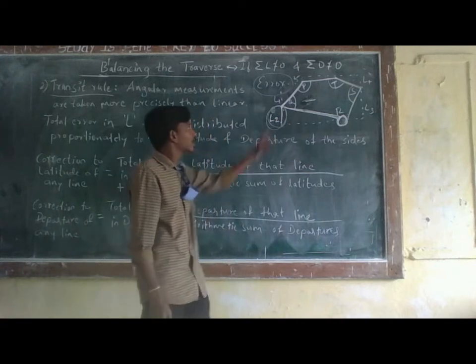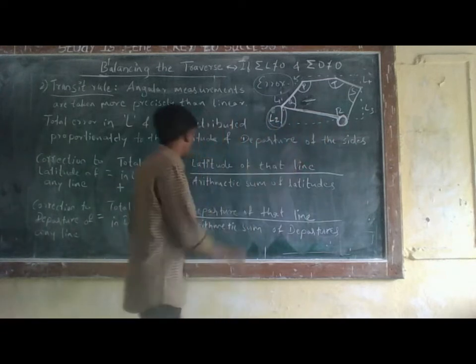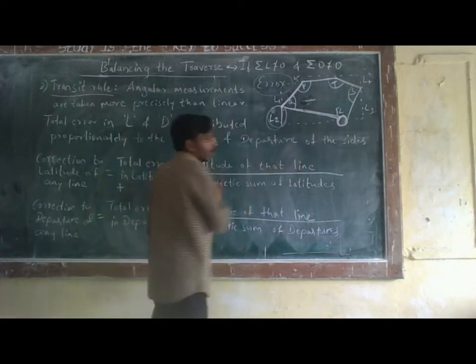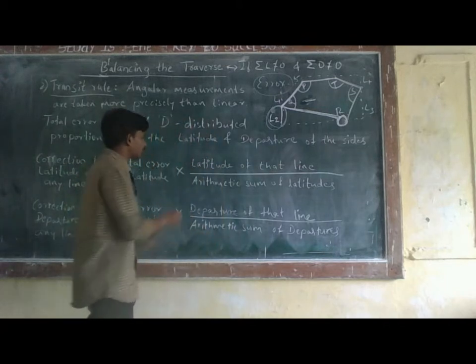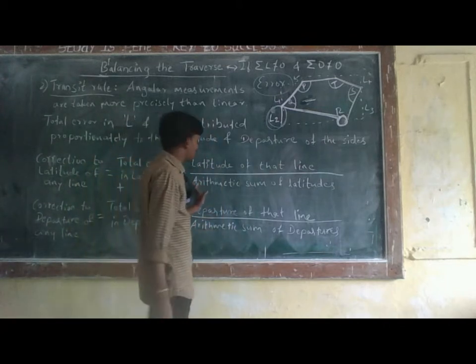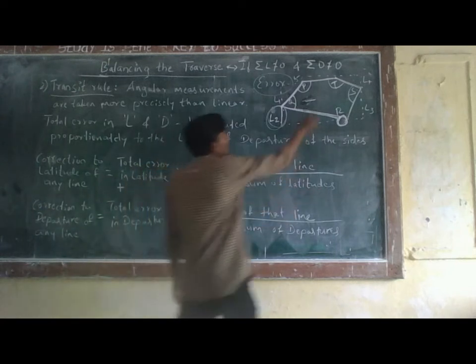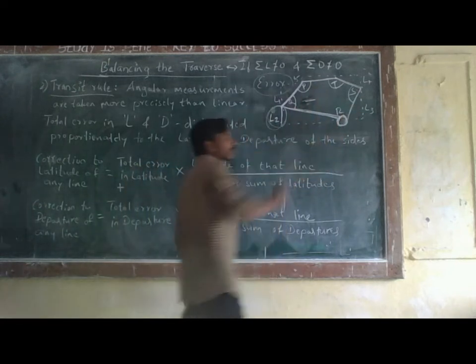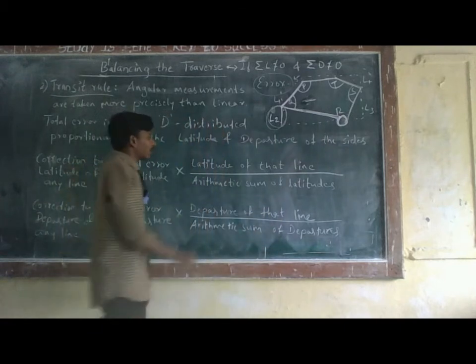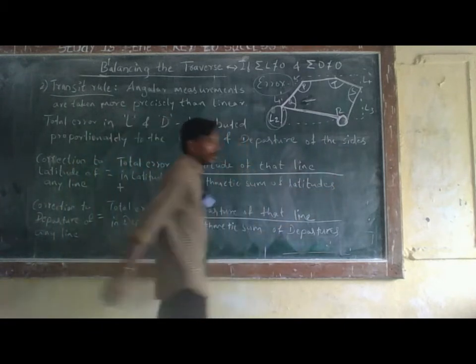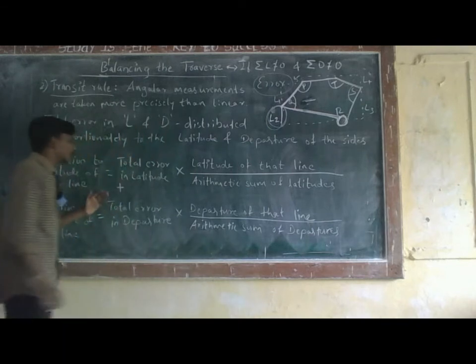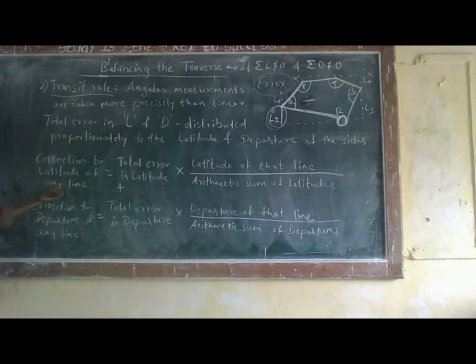So here you have to substitute the L2 value, and in the denominator the arithmetic sum of latitudes. You have to take the arithmetic sum of all the latitudes of the given traverse and substitute the value in the denominator. Then you will get the correction.